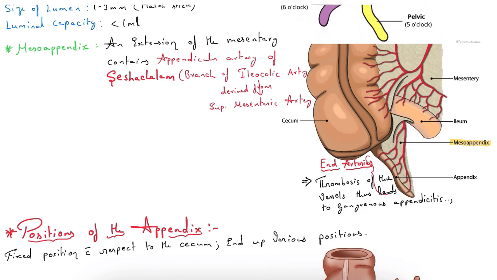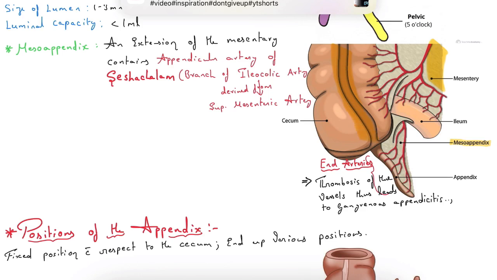The appendicular artery is a branch of the ileocolic artery, which is derived from the superior mesenteric artery. This is the tinea, which we already discussed.